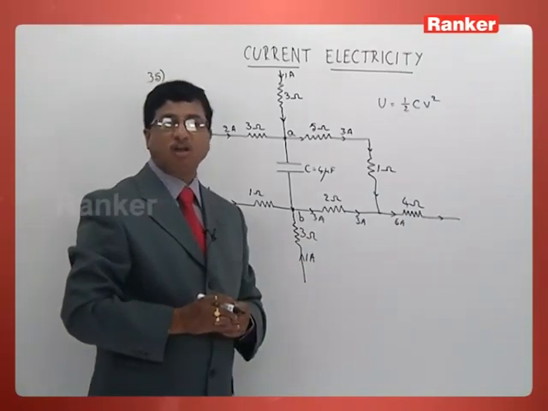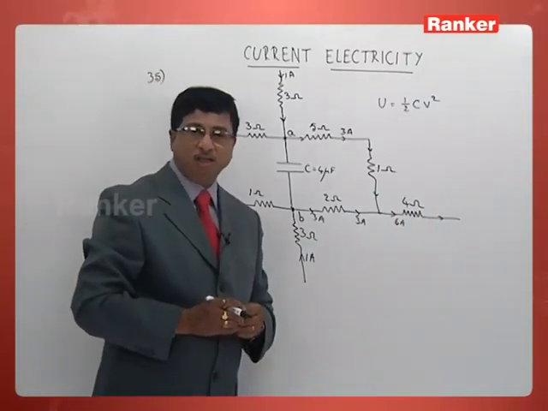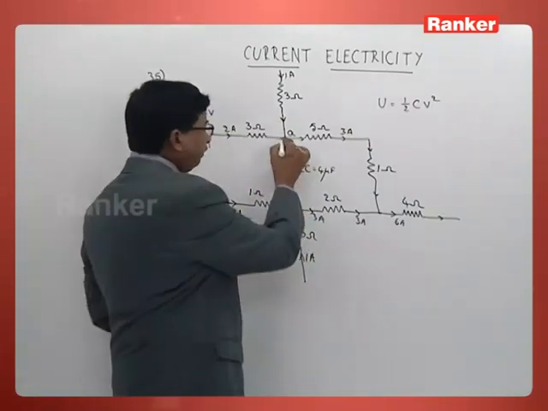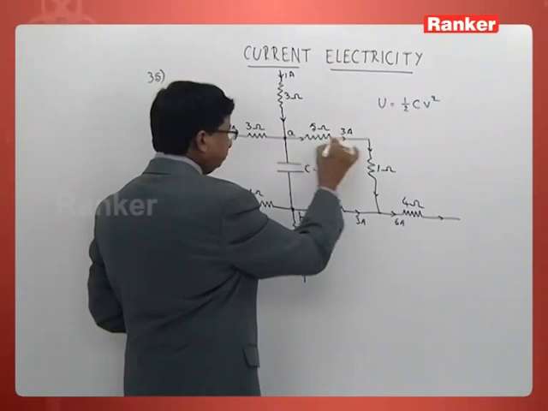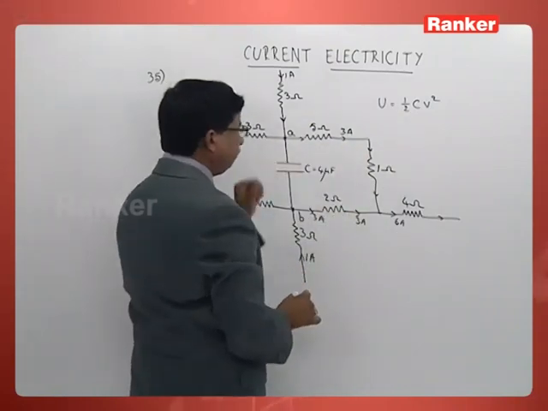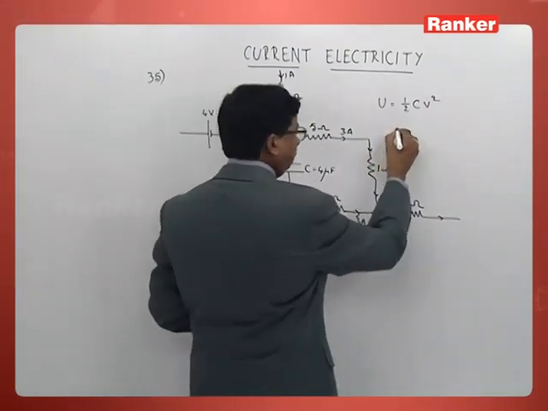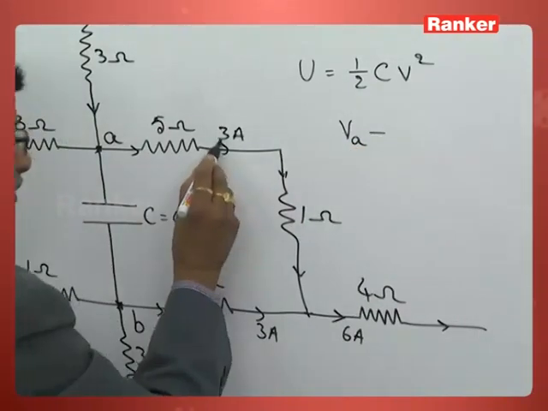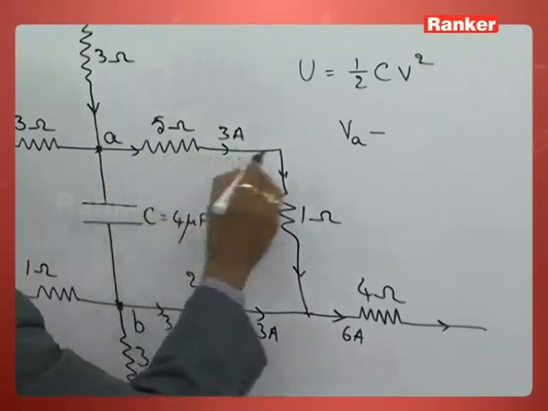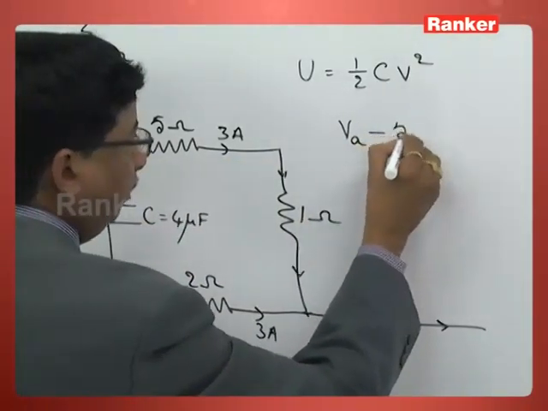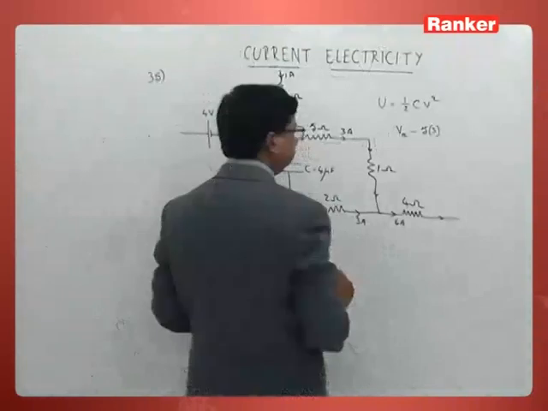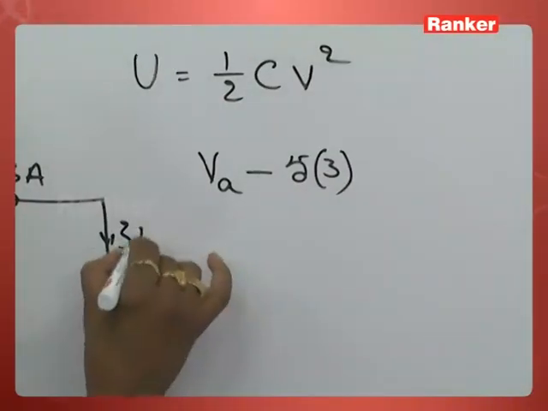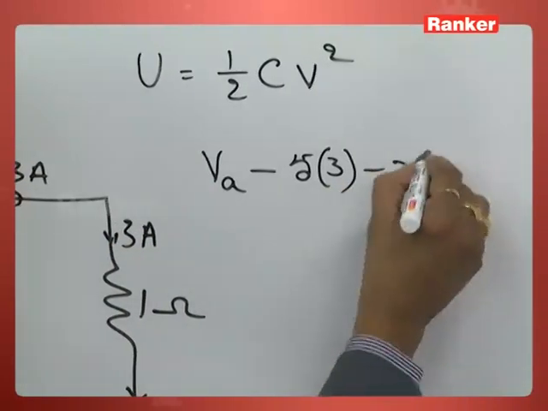Let us first of all apply second law of Kirchhoff. This is the network I am taking up. So let us start from here. It is a potential at A minus 3 ampere of current is flowing across 5, so minus 5 into 3. This is IR. Next here also 3 ampere is flowing, so minus 3 into 1.